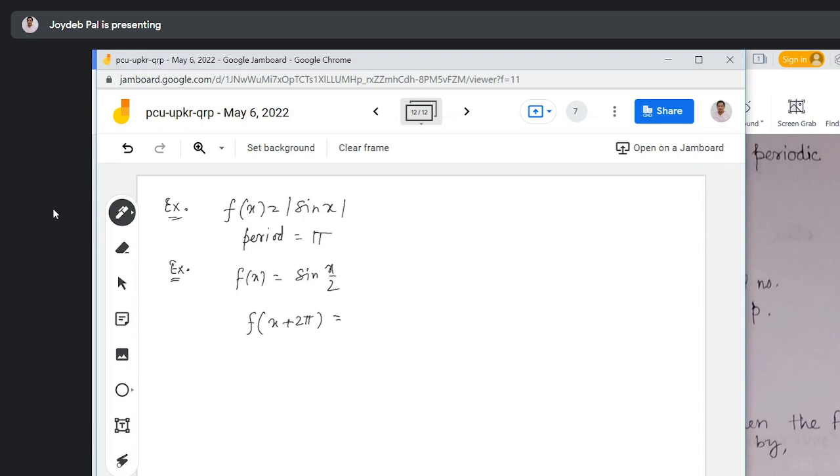Replace x by x plus 2 pi. Then it will be sine x by 2 plus pi. So it is not sine x by 2. Then 2 pi is also not a period. Actually, it is 4 pi.